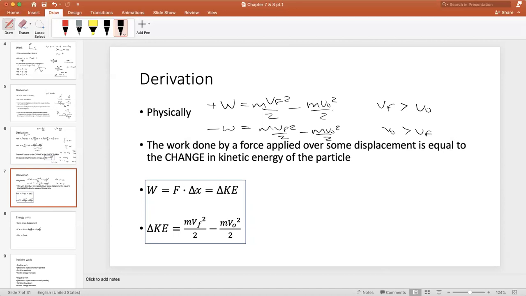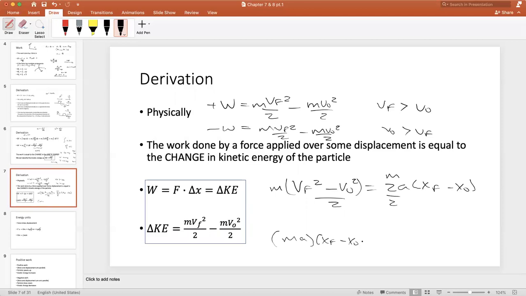One thing, and we've already seen this, that we can think about really fast right here is we already know for a constant acceleration, this equation is true. This was one of the first equations we learned. Let's do something quick here. Let's divide through by 2 and then multiply by m on both sides and see what happens. On this side, we get ma times x final minus x initial.